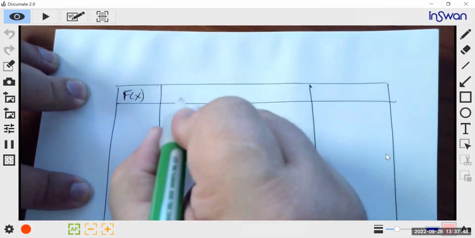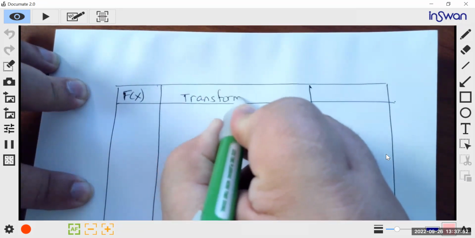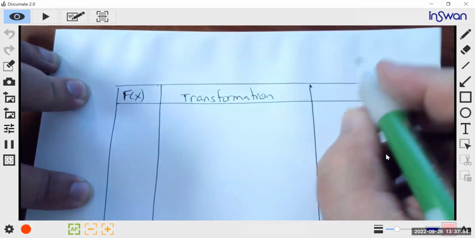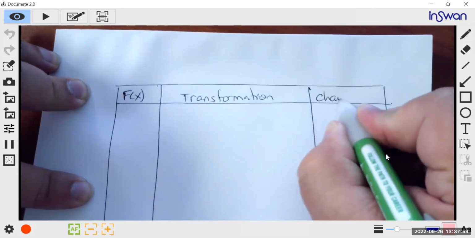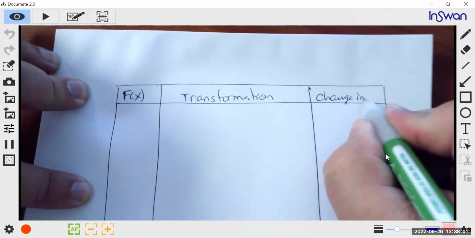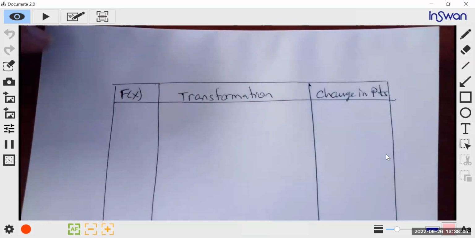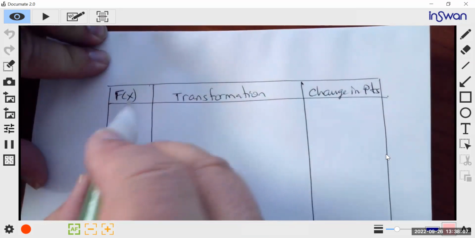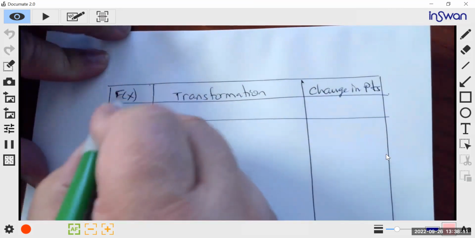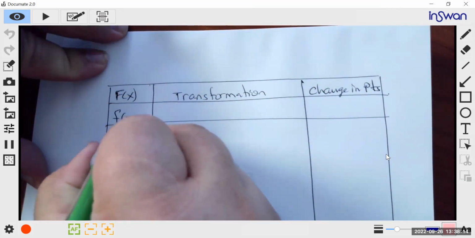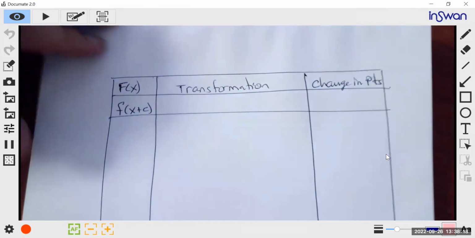Function notation. Transformation. And change in points. What kind of transformation is that?